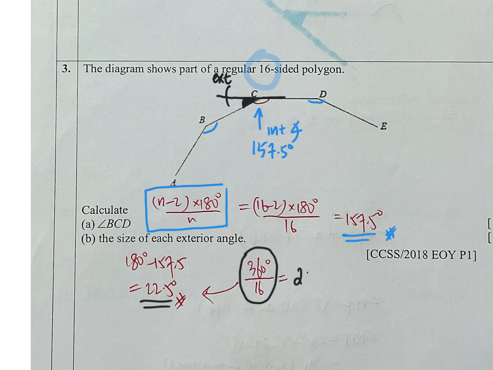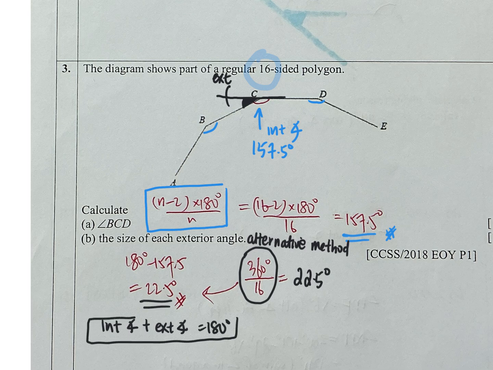It will also give you 22.5. This is an alternative method. But what you need to know is interior angle plus the exterior is always 180. So this is one thing you might want to note down as well.